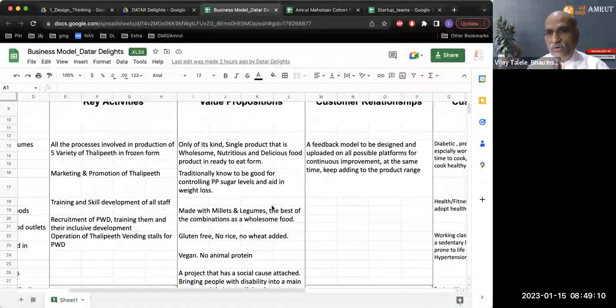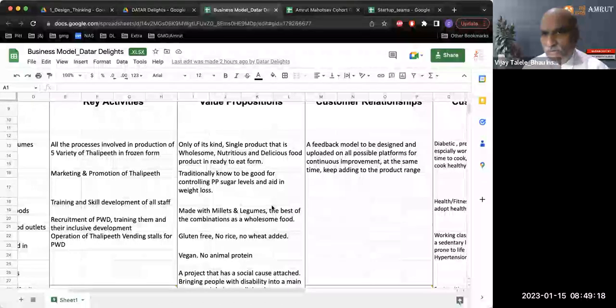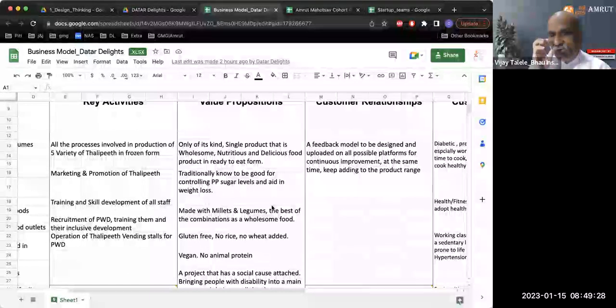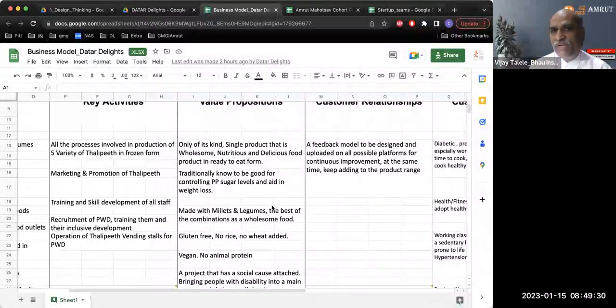Second, how do you create interest in the customer's mind? How do you attract them to purchase your product? Then at the time of selling, what kind of relationship do you have, and at the time of post sales? You need to start looking at this block from that perspective: how will you maintain those relationships with the customer, because you want to retain them.